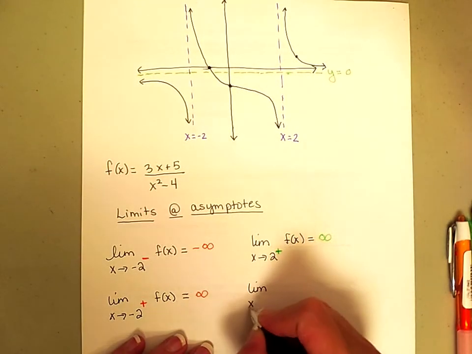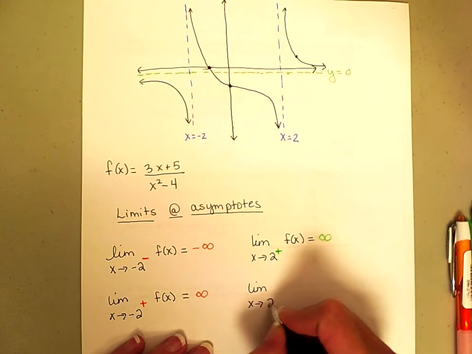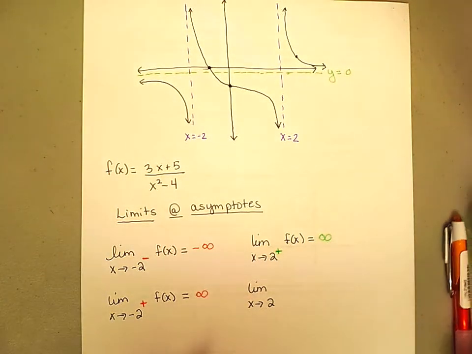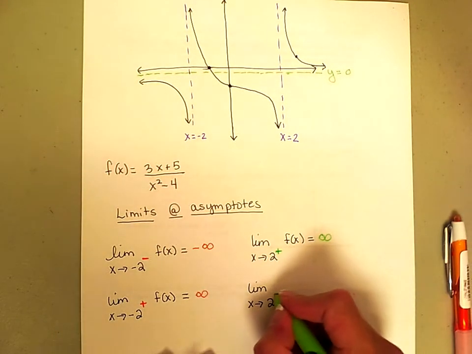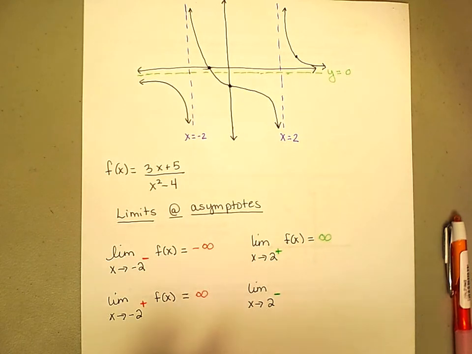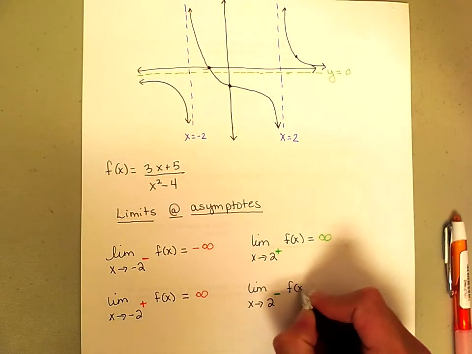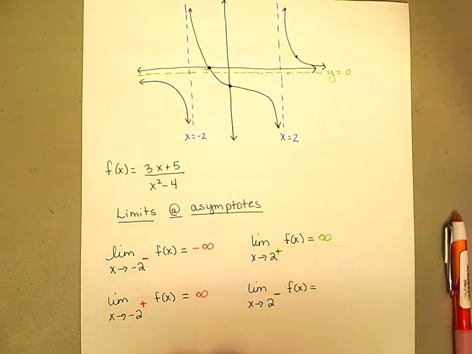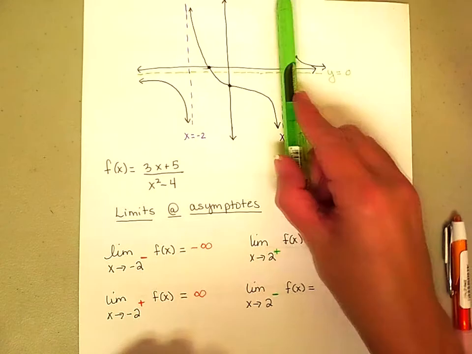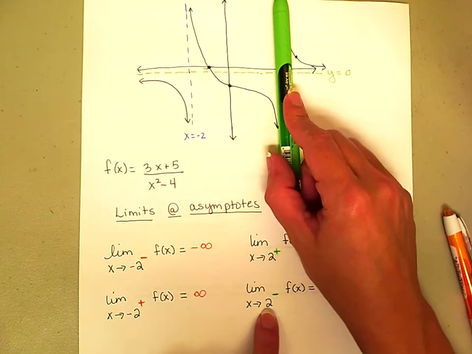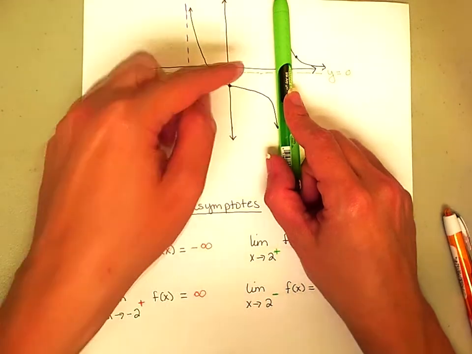We could also ask about what's happening as x approaches 2 from the left, putting that little minus sign there to denote that, of our function, and that is equal to, okay, so here's the line x equals 2. I want to be to the left of it.